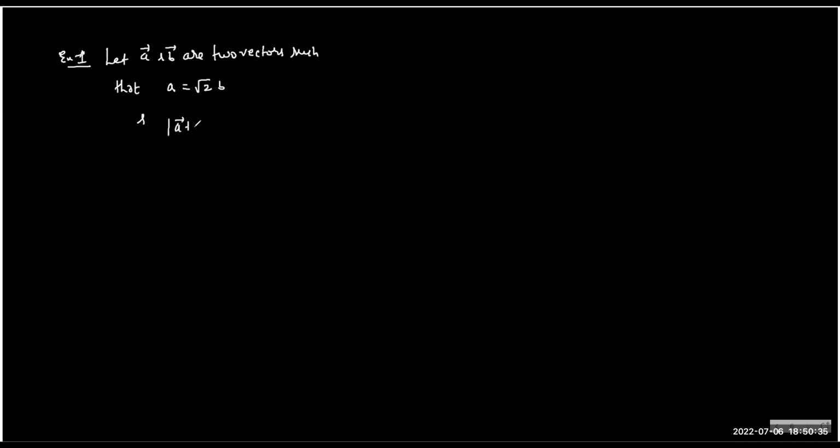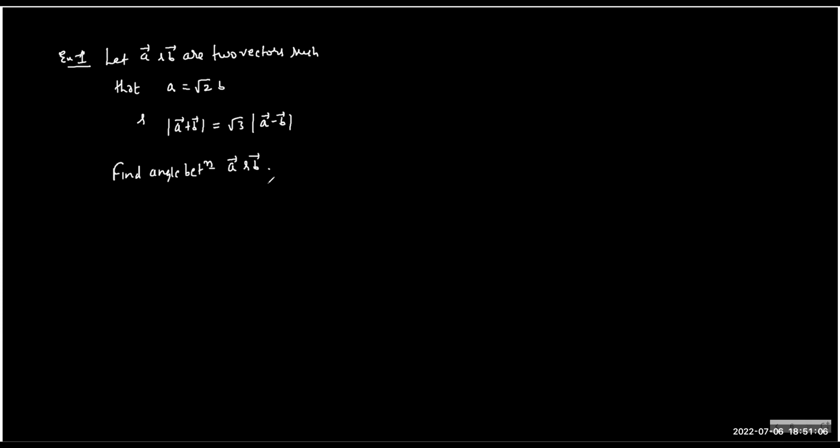And the mod of A plus B turns out to be root 3 times mod of A minus B. Now that's given to you. Now carefully find the angle between A and B. These relationships are given.